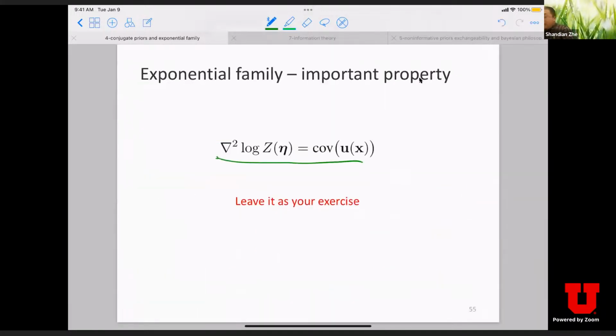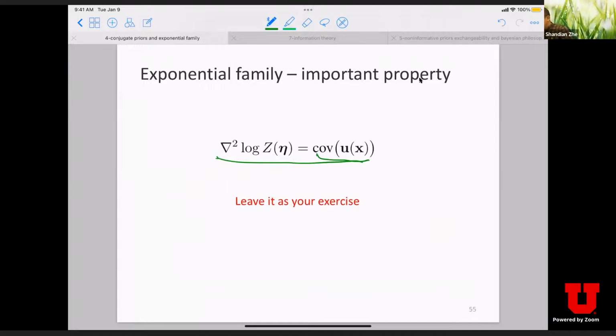An even more interesting property is that if you further take the gradient of the gradient of the log normalizer, namely the Hessian matrix of the log normalizer, it will give you the covariance matrix of the sufficient statistics.